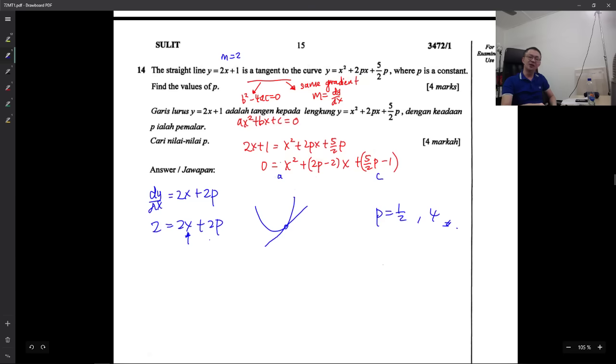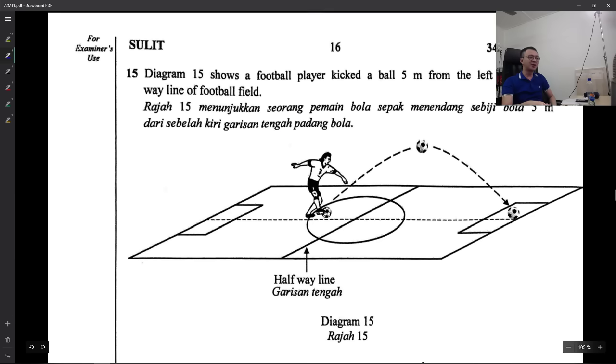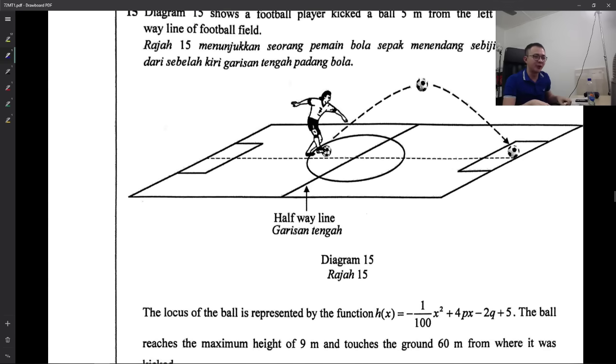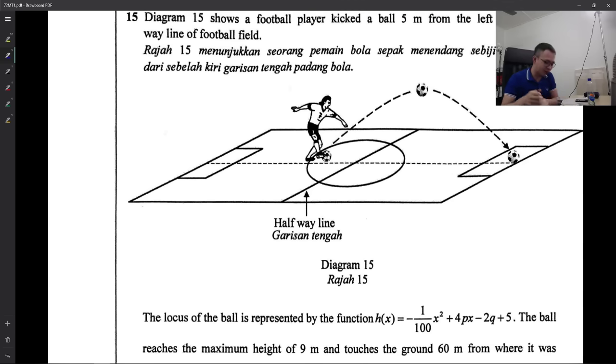I don't think so. Because in order to do completing the square, normally you only have one equation. You only do completing the square when you want to find the maximum or minimum point. Alright, if no questions, we will just do this question.